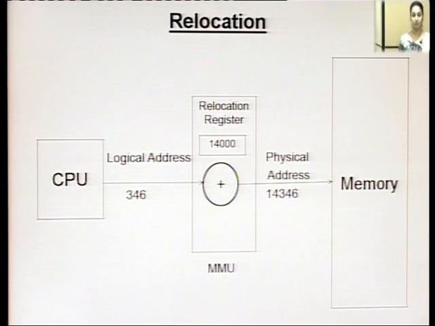Now there is an MMU, the memory management unit. Here there is a relocation register which has the base value of 14,000, as shown in the diagram. That 14,000 is added to the 346, and the actual physical address for the logical address is 14,346.